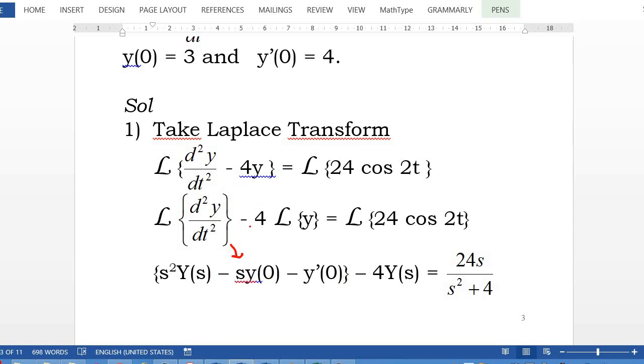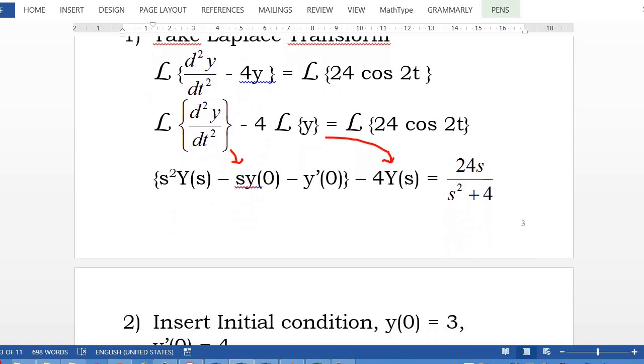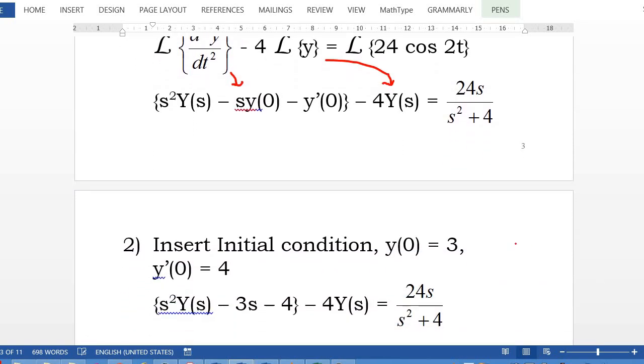Then for the second term, minus 4 times the Laplace transform of y, you get Y(s). Okay, the right side, the Laplace transform of 24 cos 2t is 24s over s squared plus 4. Second step, put in the initial conditions: y(0) equal to 3, so this term we get minus 3s, and y'(0) equal to 4, so you have minus 4 Y(s).